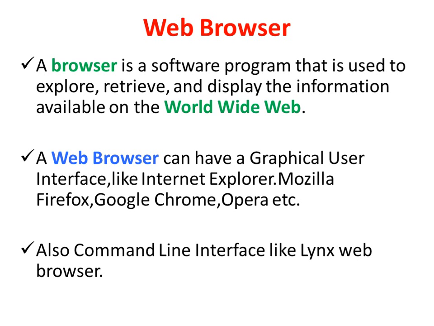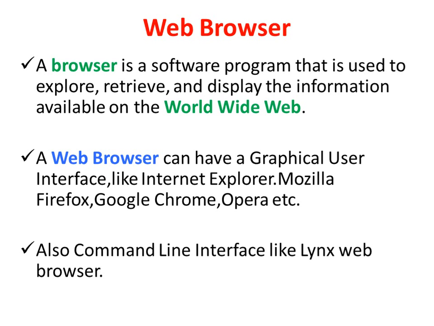Browser comes from browse, meaning to access, to invoke, to open. A browser is a software program that is used to explore, retrieve and display the information available on the World Wide Web.